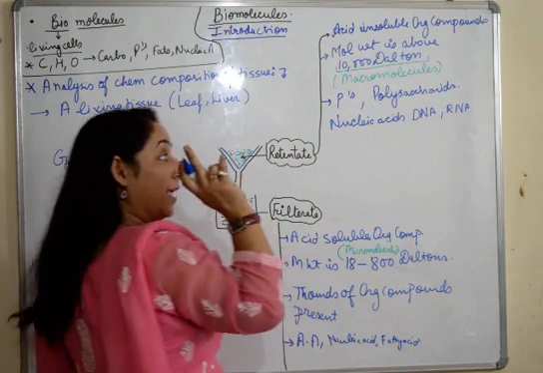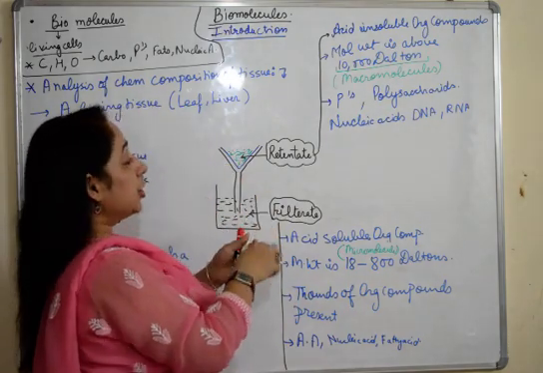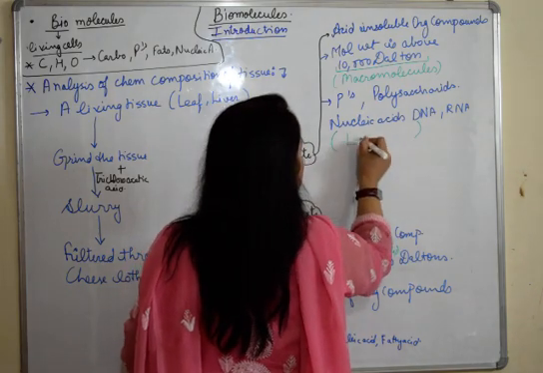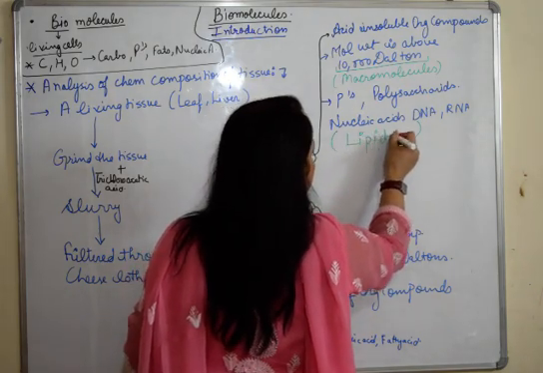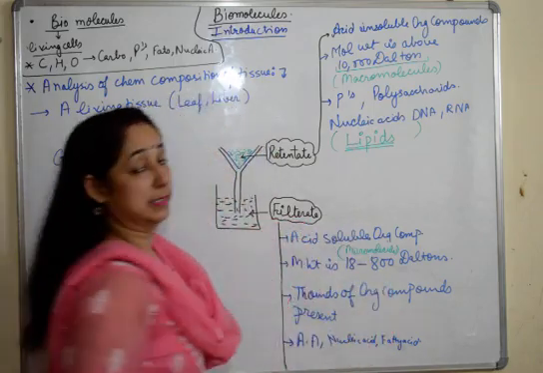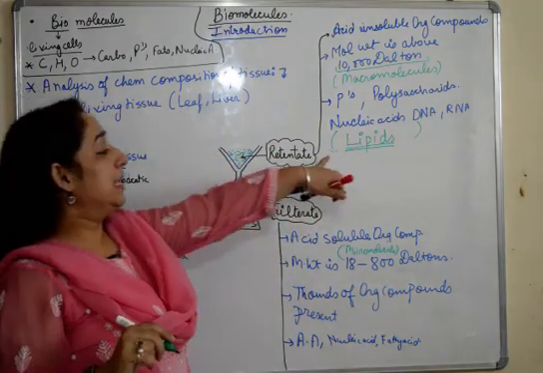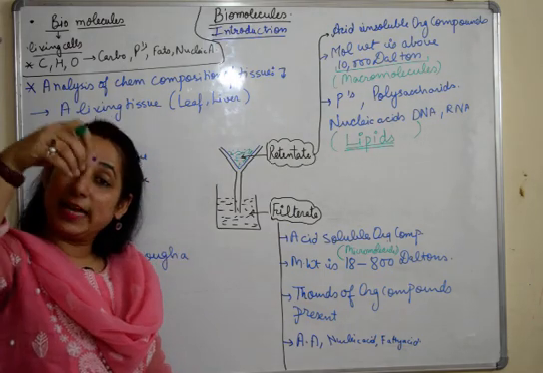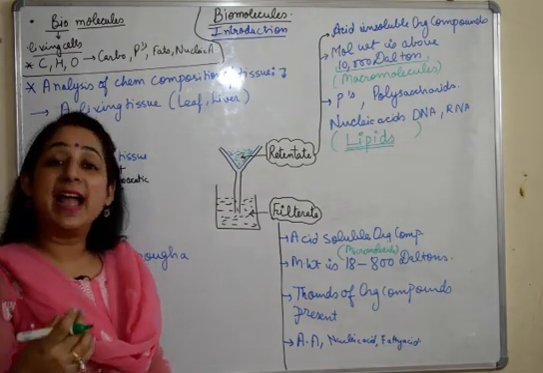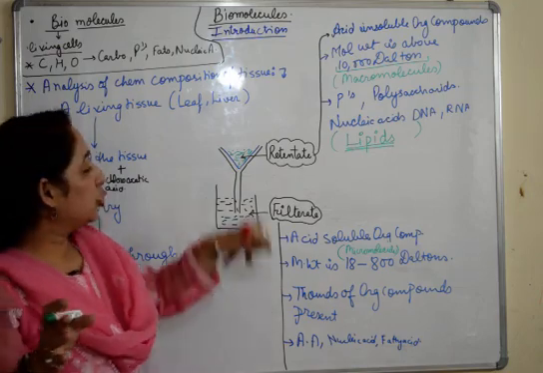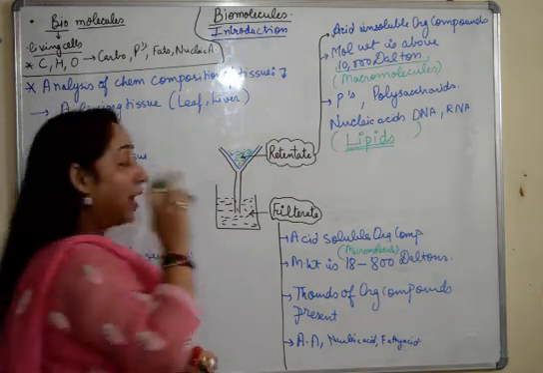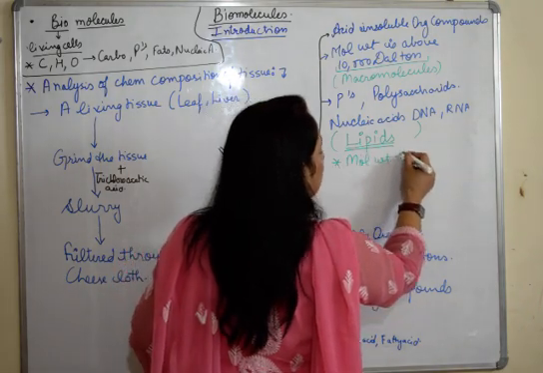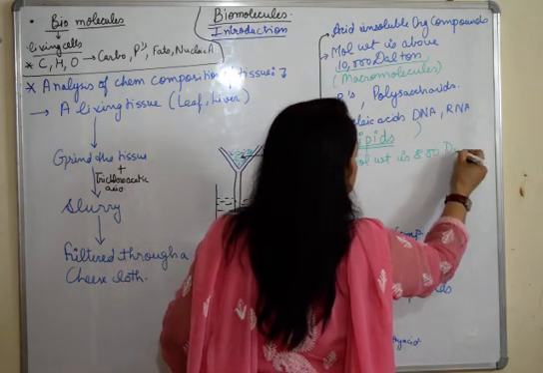Here there is one additional component, I am writing it with a different color, that is lipids. Why am I writing it with a different color? Because it's an exception here. Lipids remain in the retentate because of their structure, because they cannot be filtered out. Lipids are fat, they are insoluble in water, so they remain in the retentate, but their molecular weight is 800 Daltons.